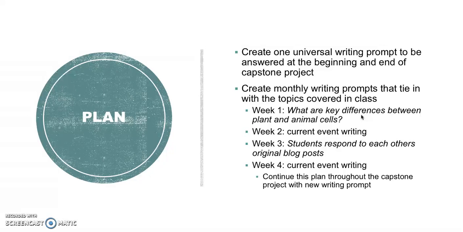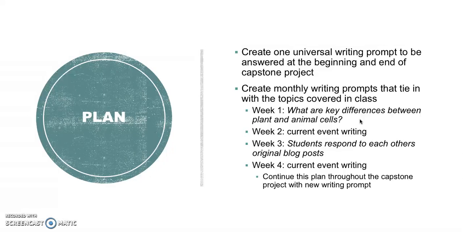The second week, we would switch gears a little bit just to give ourselves time, and we would discuss a current event writing, which would have students summarizing current events, which I was promoting within my classroom already. The third week, students would respond to each other's original blog post. So that would give me 2 weeks to check in on how they were doing.